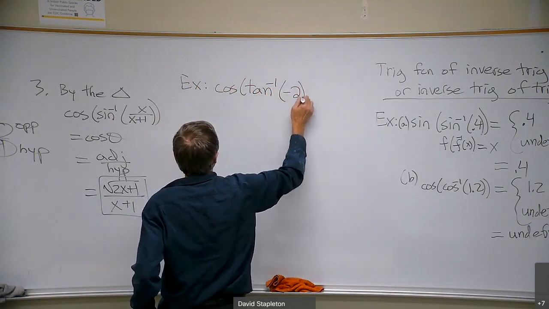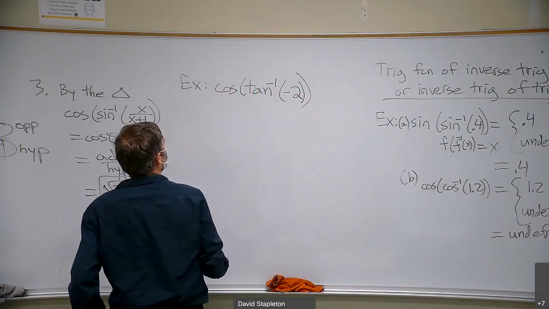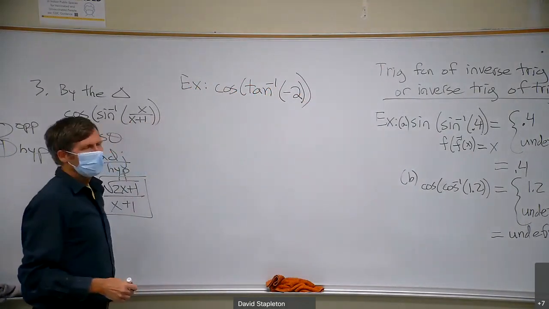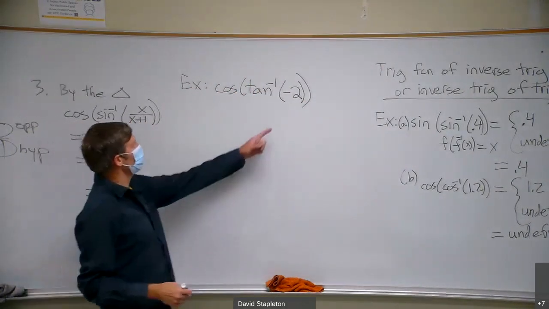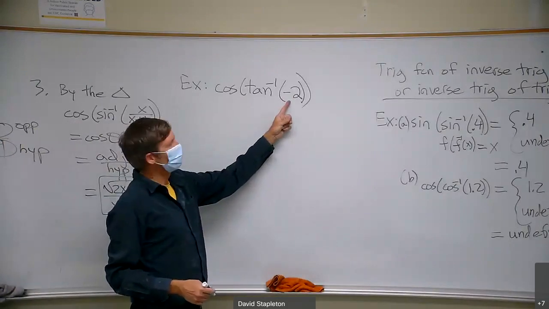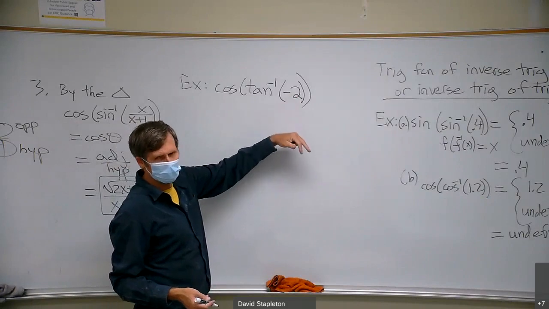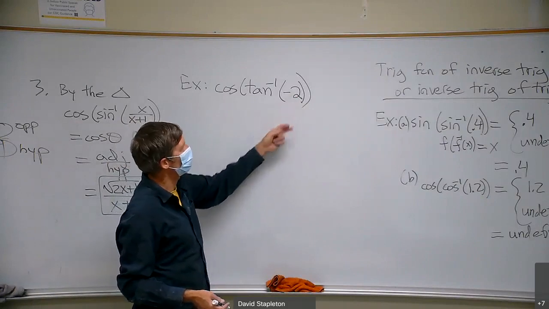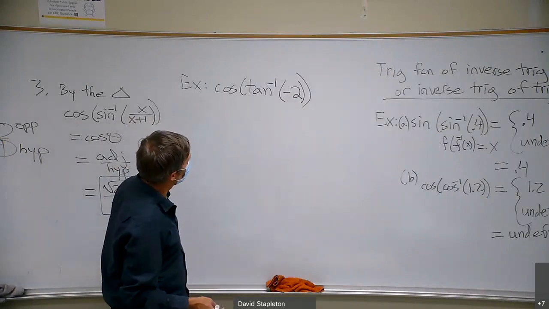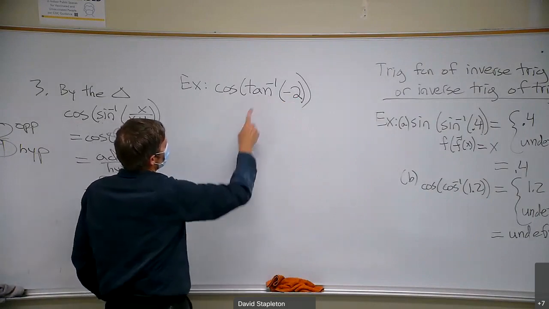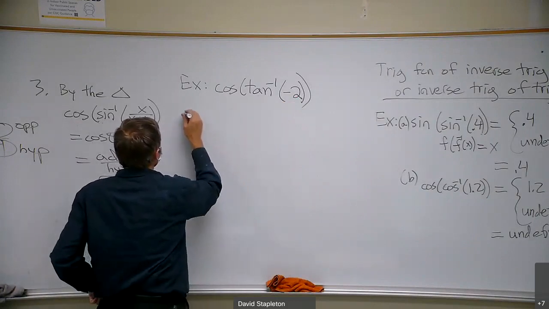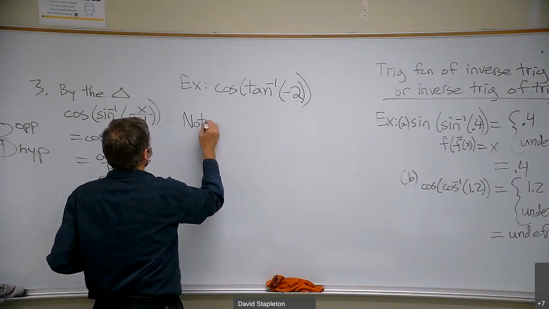Does that work? How can I draw a triangle with a negative side length? There's a couple ways to do this. One is to put it into quadrants. I think you'll see the book put it into quadrants, and that works. I like this though. As long as there's not an arc cosine in here, you can do this. Because this also makes an important point.